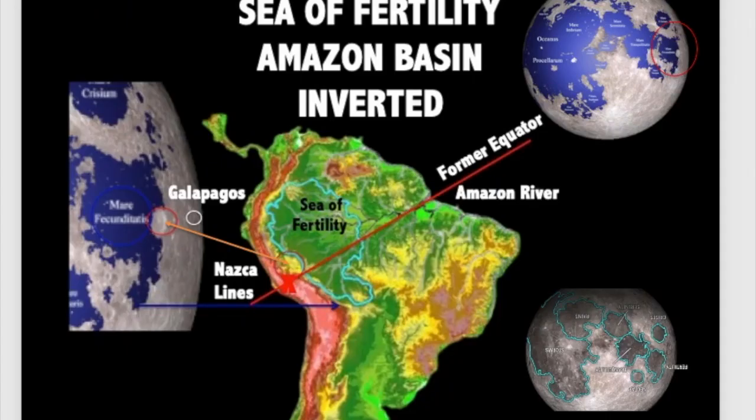So let's get into the mare aspect, which is in South America. It's the Sea of Fertility, or the mare-to-earth-continent, or whatever you want to call it. And what I want to say is that this is the ancient equator, and the Nazca Lines are right about here, maybe up here. And so this blue outline is from here down here.